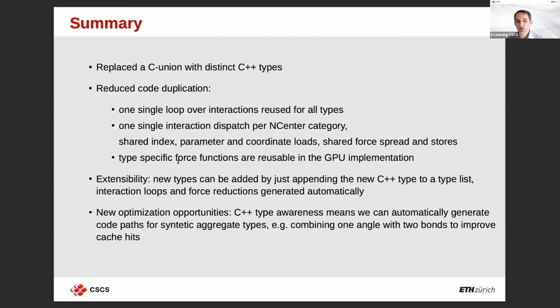If you want to add a new type, the only thing that you need to do is to define the type itself and add the force function. And then you only need to add the type to one list. And that takes care of the rest. You don't need to implement a complete force loop that handles all the interactions.